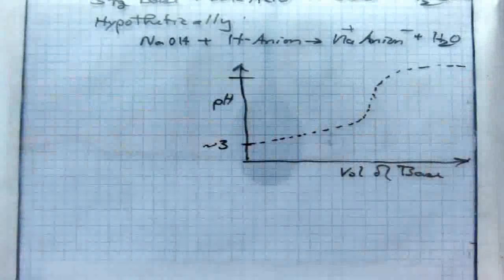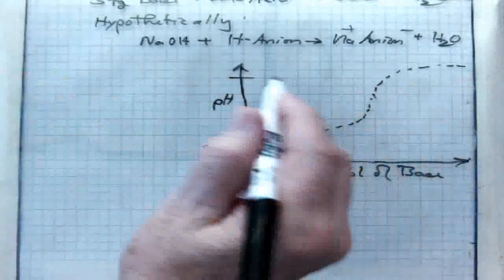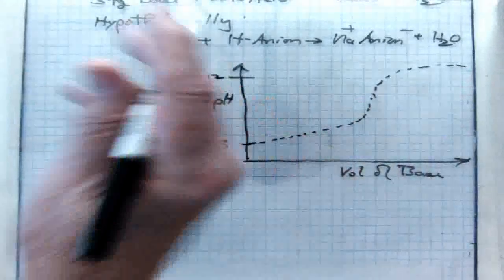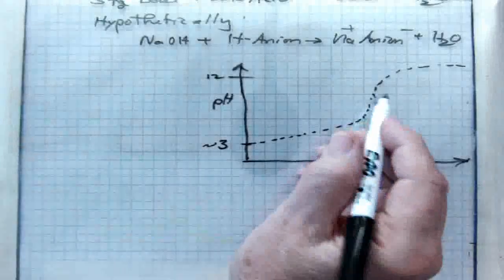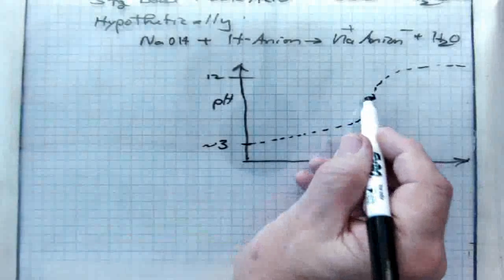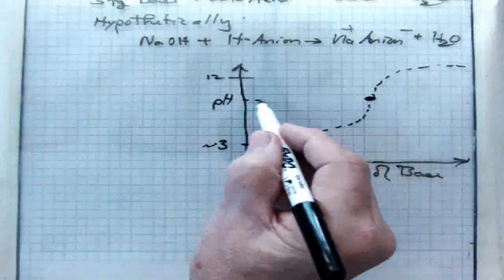Regardless of what that equivalence point is, what I want to do is talk to you about the change in concentration of the weak acid as a function of addition of the hydroxide.